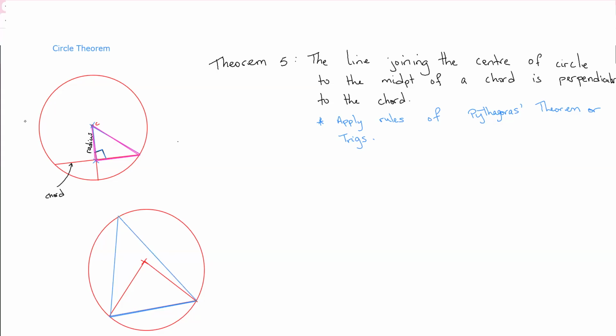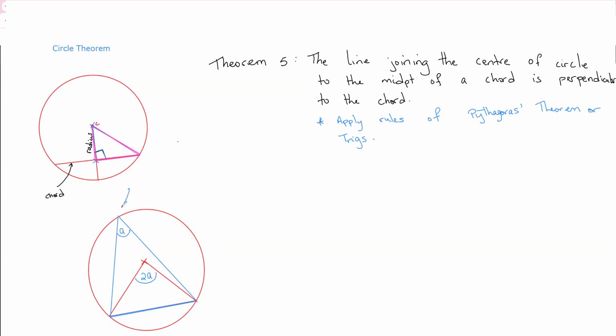the rule is that the angle at the middle is always twice the size of the angle at the end. So if this is A, the angle at the middle will be 2 times that.